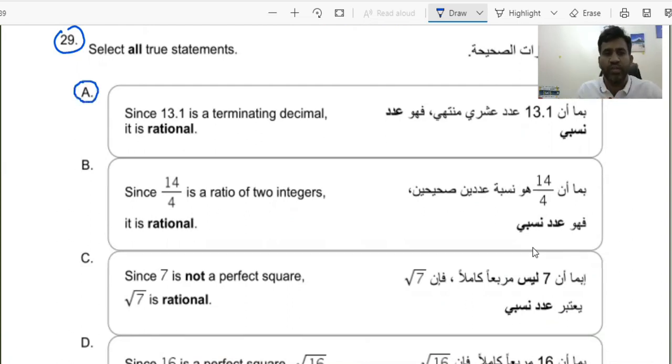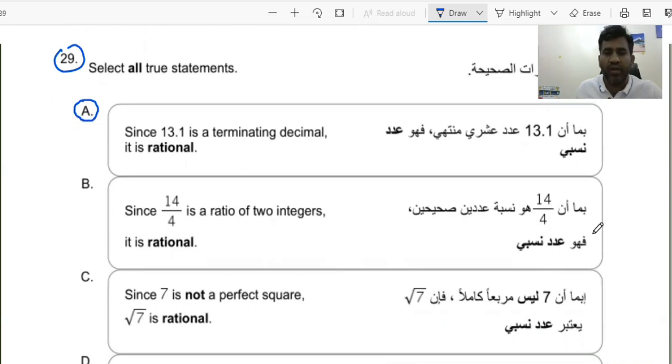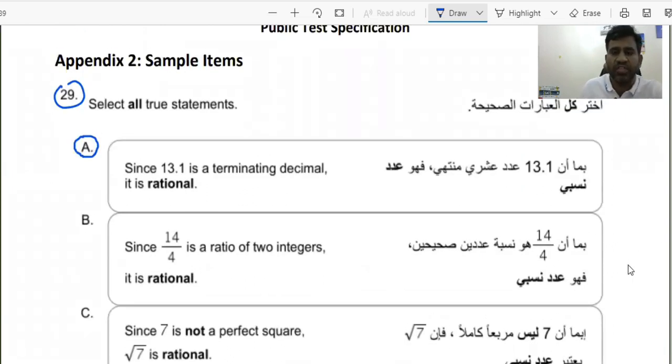Before going to this, let me tell you what rational numbers are. Any number which can be represented in the form of a fraction, like 2 by 5, or a decimal like 0.12, or a decimal with repeating digits, a non-terminating repeating decimal.